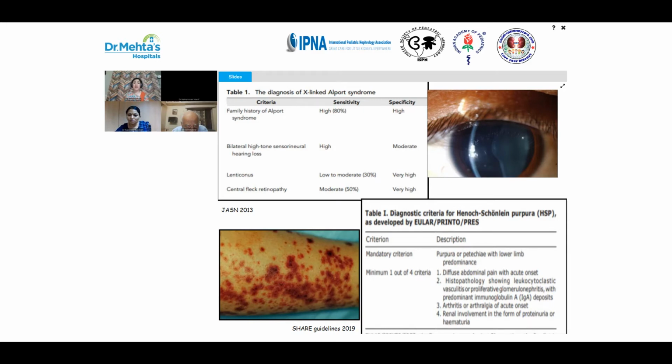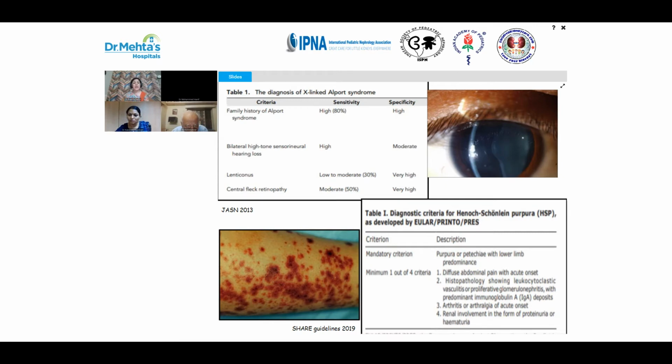In fact, these clinical signs are highly sensitive and specific for the diagnosis. Family history of Alport is very sensitive. Similarly, bilateral sensorineural hearing loss has very high sensitivity as well as moderate specificity. So unless we examine and take an active history for hearing loss, eye examination and family history, we may miss the diagnosis of Alport syndrome and may be investigating the proteinuria on a wrong tangent.